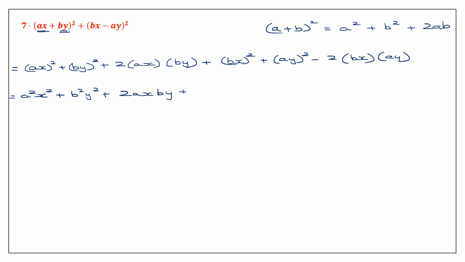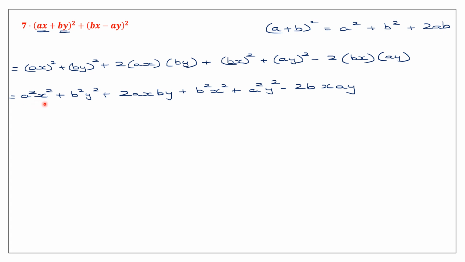Then the next one, (bx) the whole square is b square x square plus (ay) the whole square is a square y square minus, again when we multiply this, it's going to be 2 into bx into ay, which is 2bxay.